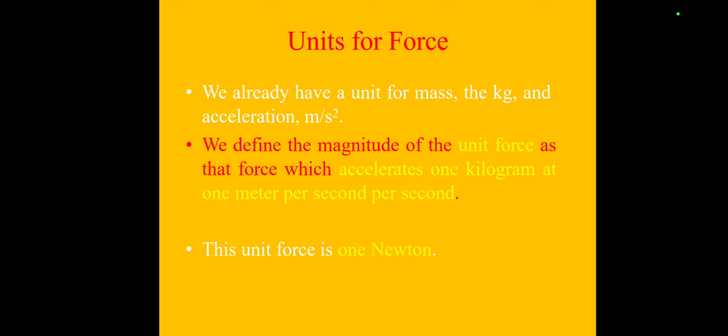Unit for force: we already have a unit for mass, kg, and for acceleration, meter per second square. So we define the magnitude of the unit force as that force which accelerates 1 kilogram at 1 meter per second square. This unit force is 1 newton.